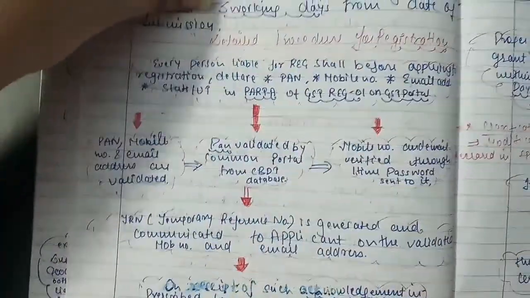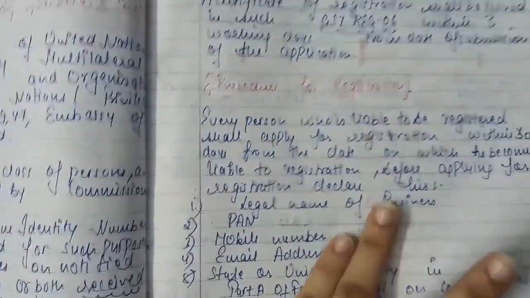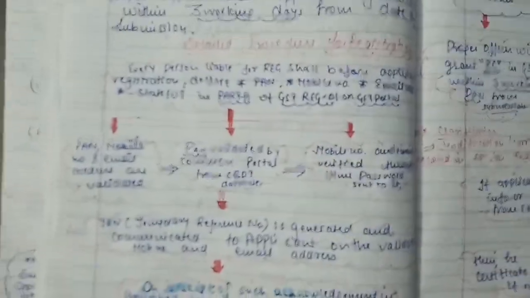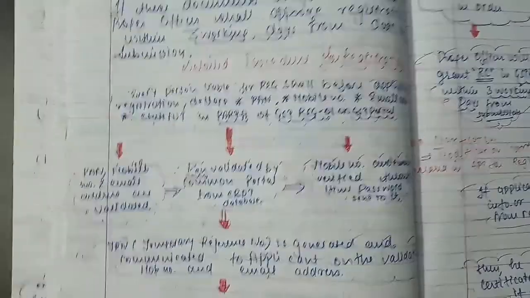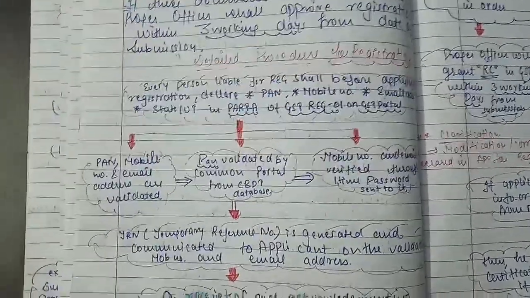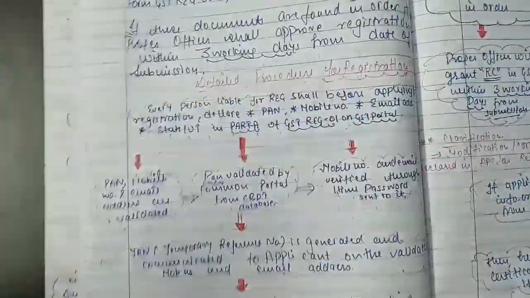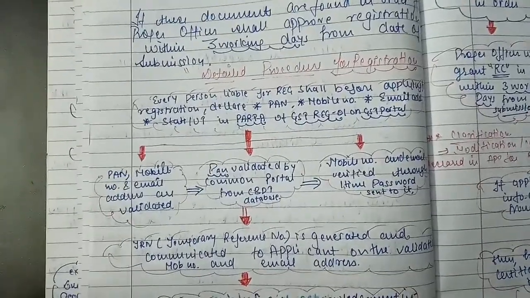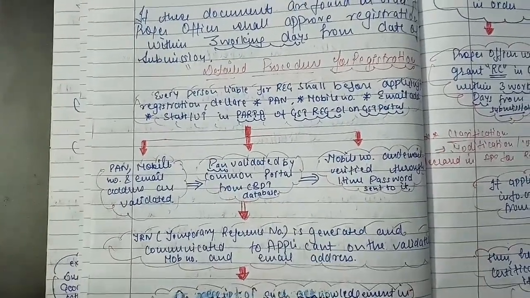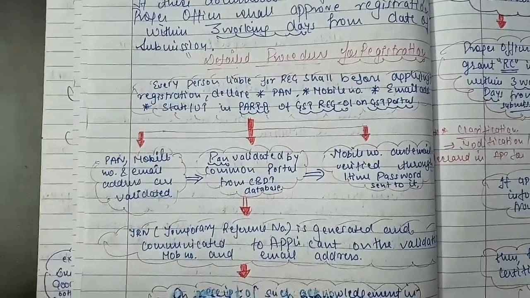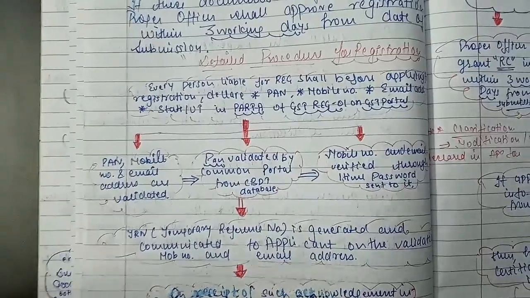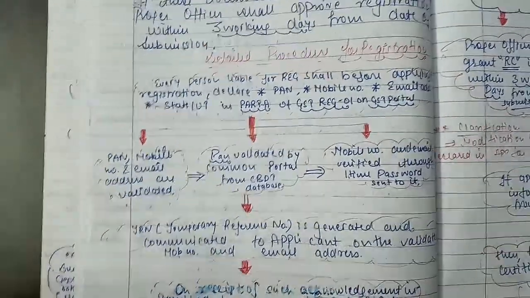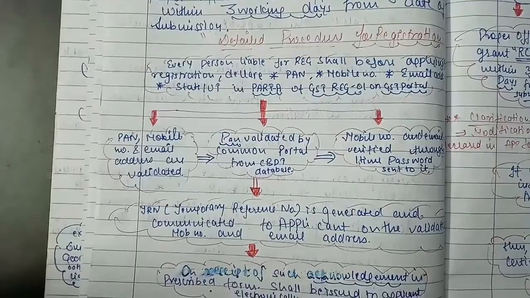As we have discussed the procedure for registration in a summarized manner, now I am discussing the detailed procedure for registration. As we have studied, every person liable for registration shall, before applying for registration, declare PAN, mobile number, email ID, state or UT in Part A of GST REG 01 on the GST portal. In this, the PAN, mobile number and email address are to be validated.